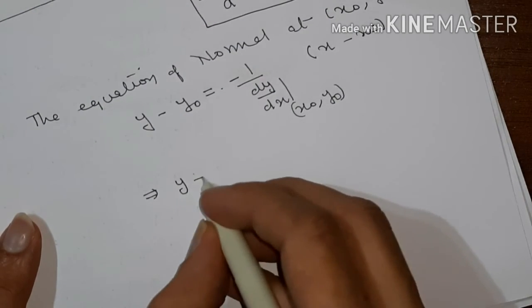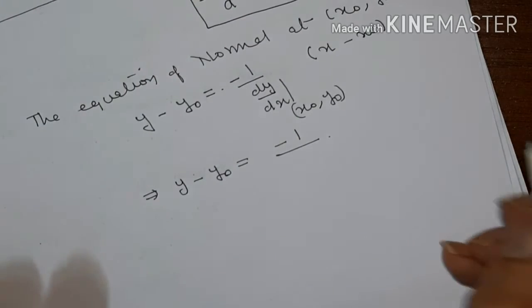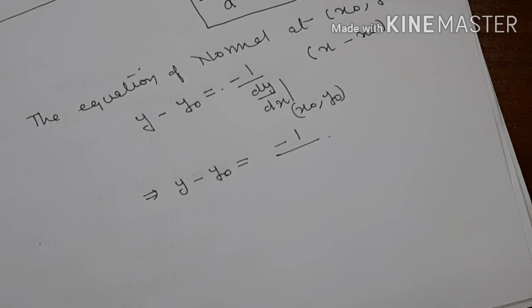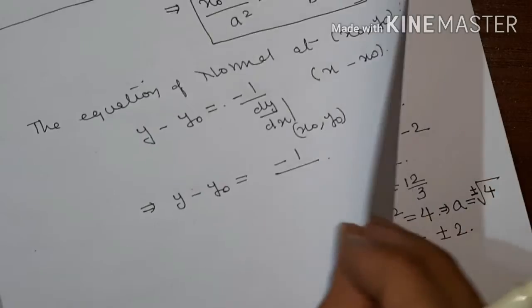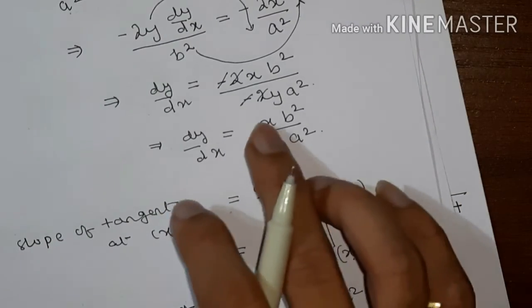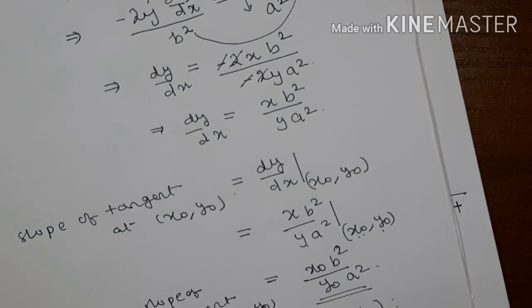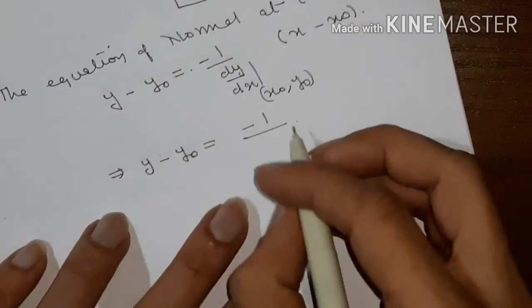Which is nothing but y − y₀ equal to −1 divided by dy/dx. Dy/dx we have found out, that is x/y multiplied by b²/a², right? So that is the dy/dx.